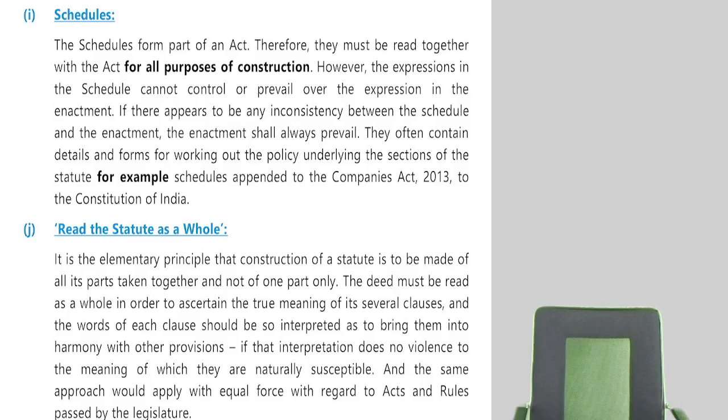It can be used to understand the section, but it cannot override the scope of the section. Clear, everyone? Write down. Schedules cannot control or override the act.